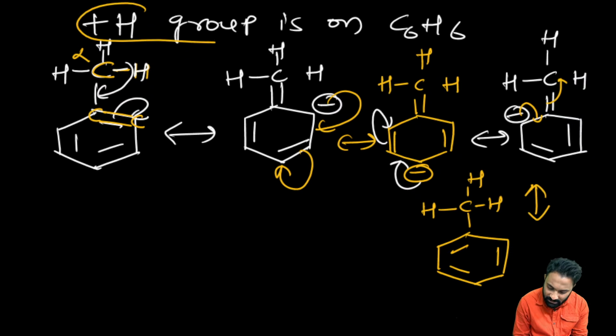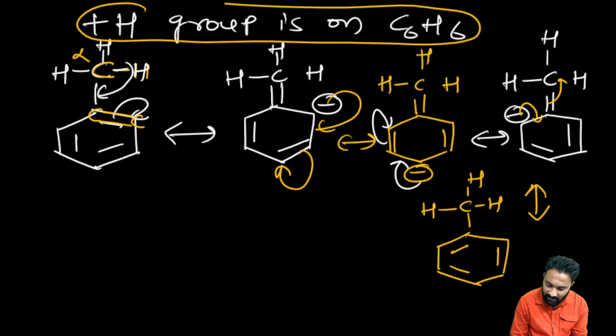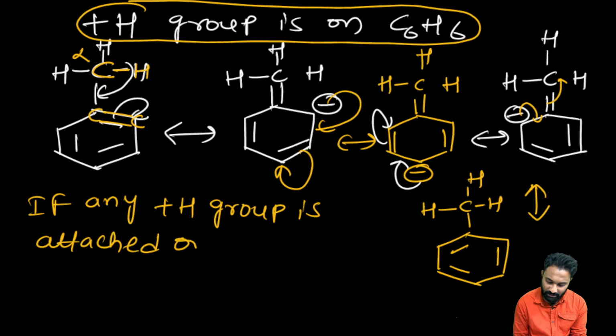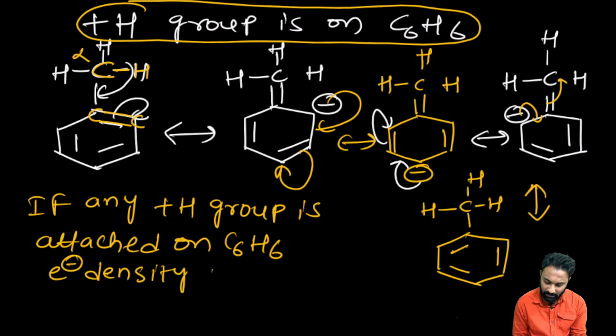If any plus H group is attached on the benzene, it will increase the electron density at ortho and para positions. That's the reason we say, if any plus H group is attached on benzene, electron density increases at ortho and para positions.